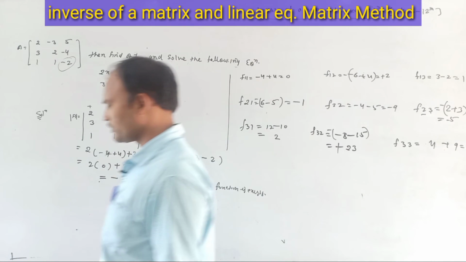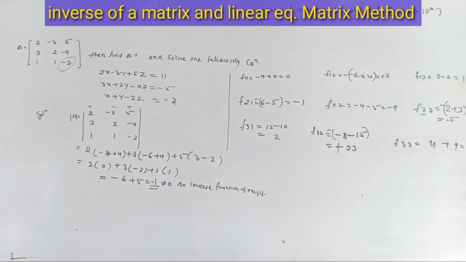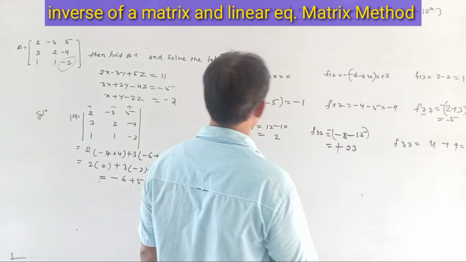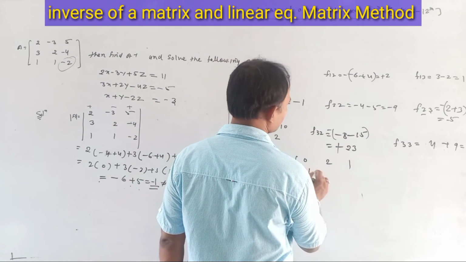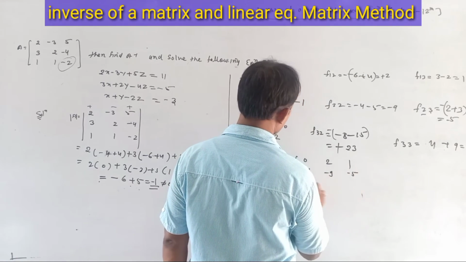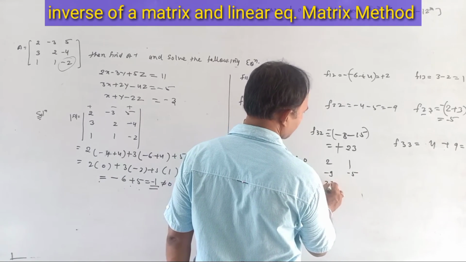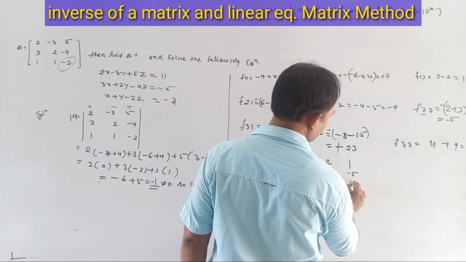So these are some values. Look here, the values are 0, 2, 1, minus 1, minus 9, minus 5, 2, 23, and 13. So it is the value of Fij.